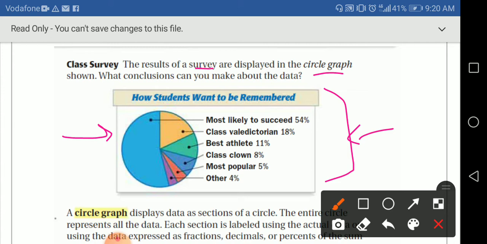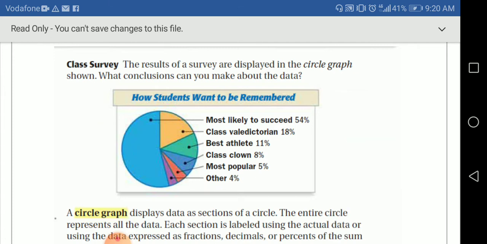So we have here how students want to be remembered. We have 54% most likely to succeed, class valedictorian 18%, best athlete 11%, class clown 8%, most popular 5%, and others 4%.